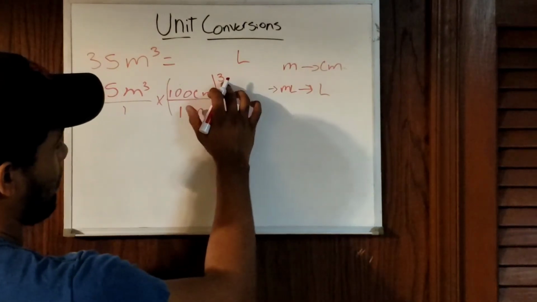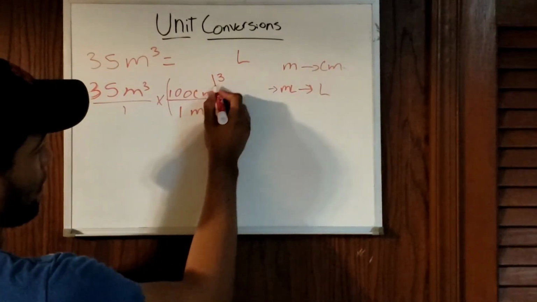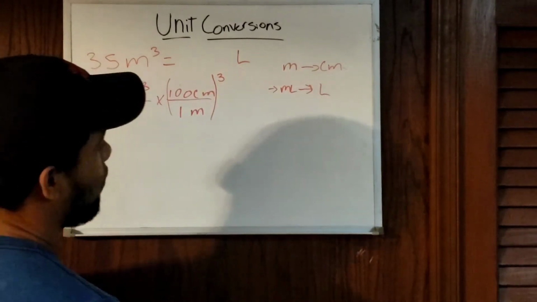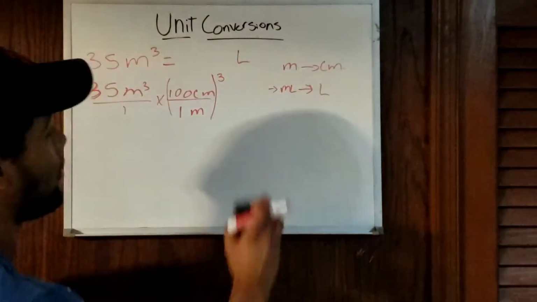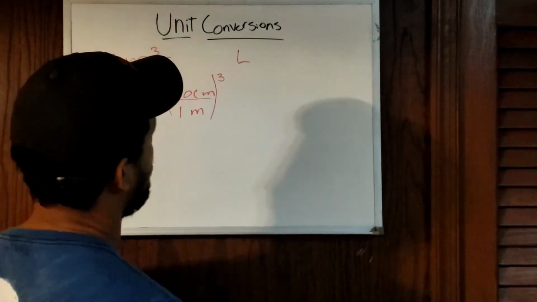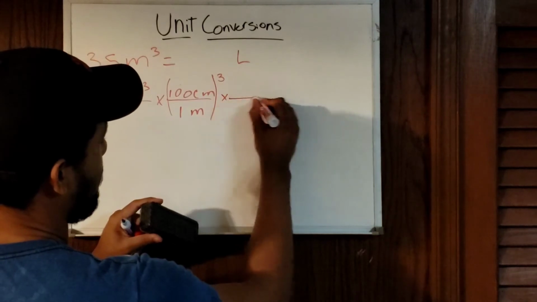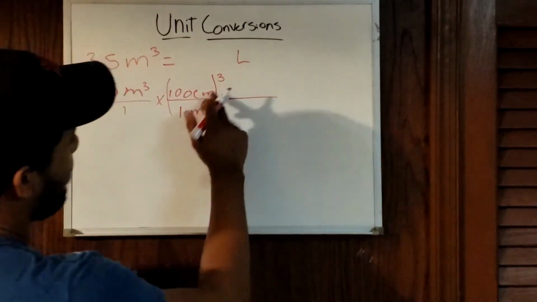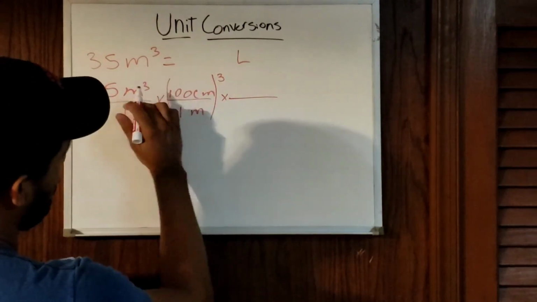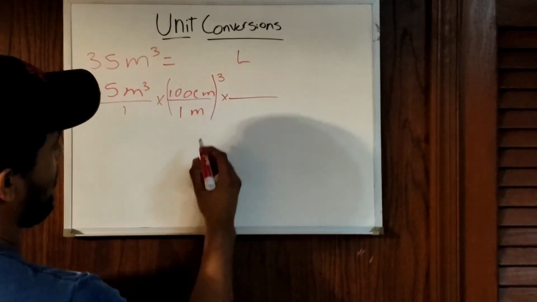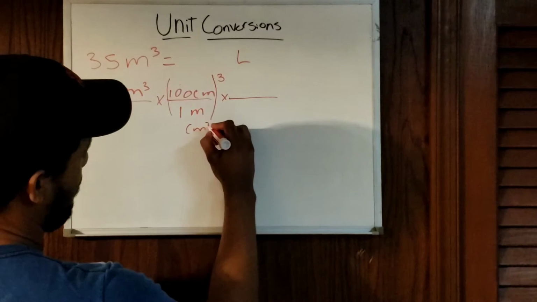That's gonna give us meters cubed here, and that's gonna be meters cubed and centimeters cubed as well. I'm gonna erase this, and I'm gonna multiply by the next conversion factor. So now by this point, we'll have gotten rid of the meters cubed, and we'll be just in centimeters cubed.